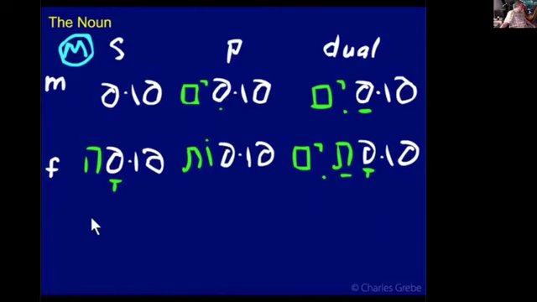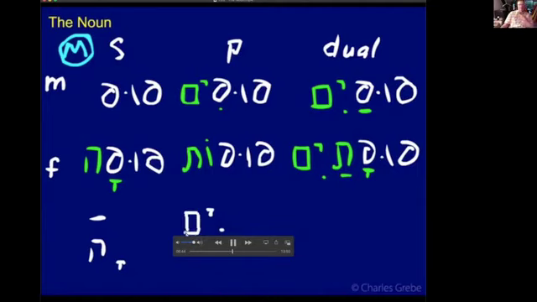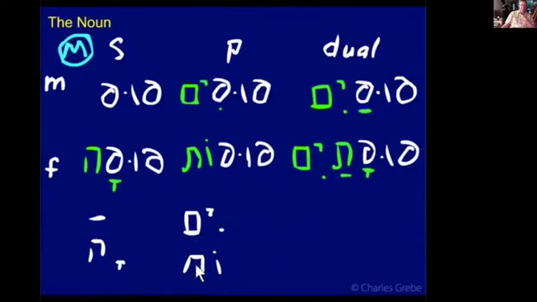Okay, you've got nothing for the masculine singular. You've got a for the feminine singular, we've got im, we've got ot, and we've got ayim over here for the dual.